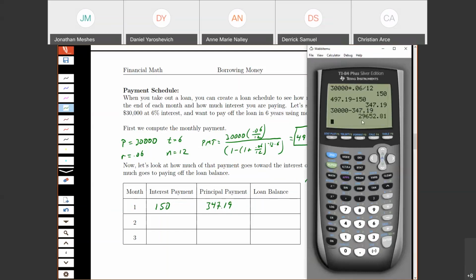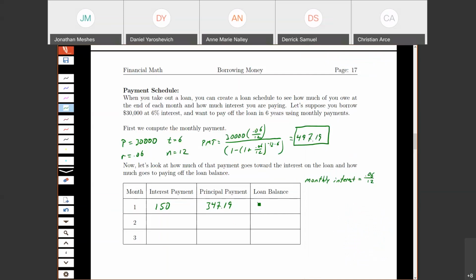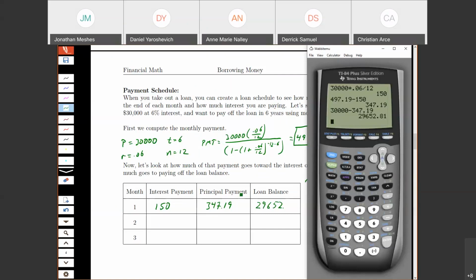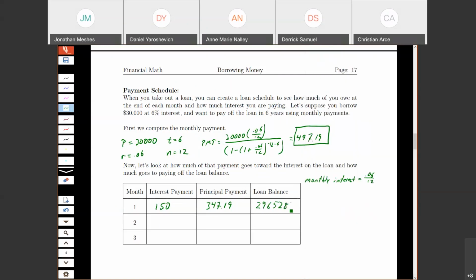Then I'll end up with $29,652.81. This one was $497.19 minus 150, and this one was 30,000 minus the 347.19.